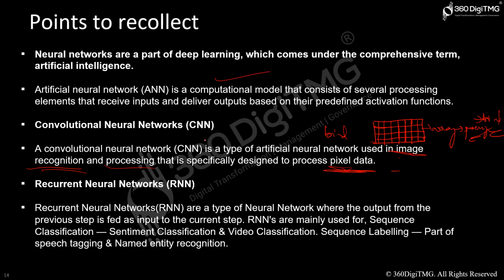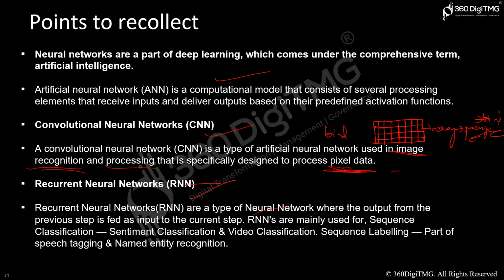We have seen ANN, CNN, and RNN. RNN is recurrent neural networks. These are a type of neural network where the output from the previous step is fed as input to the current step. Output of the previous one is taken as an input to the new network.